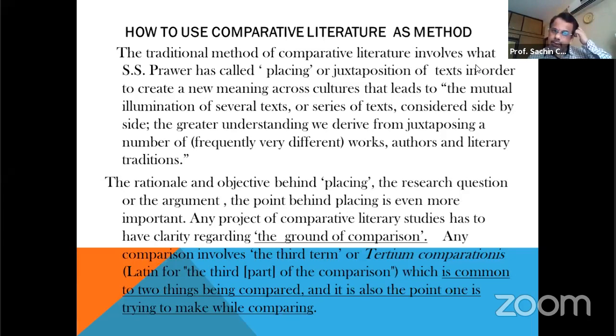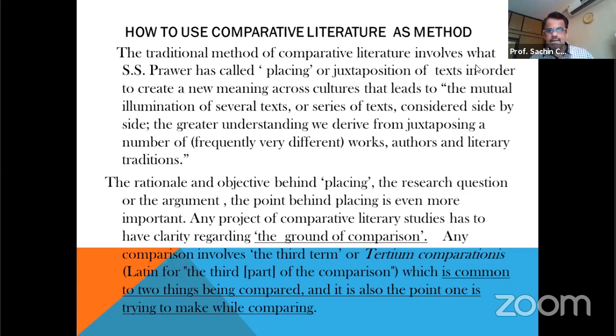So one traditional method of comparative literature involves what the British comparative researcher S.S. Prawer has called placing. Placing involves putting two things together, two literatures, two languages, and by doing so, we create new meanings across cultures that lead to mutual illumination of several texts or a series of texts considered side by side.